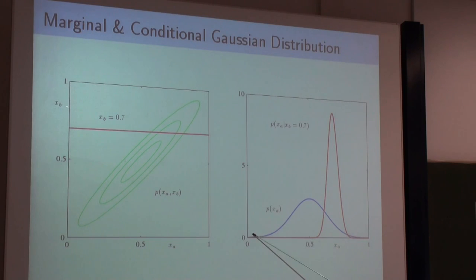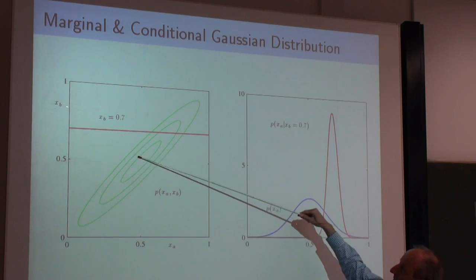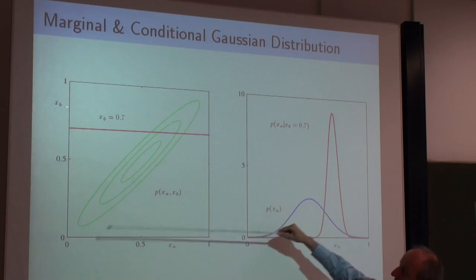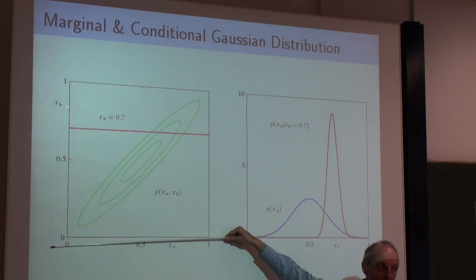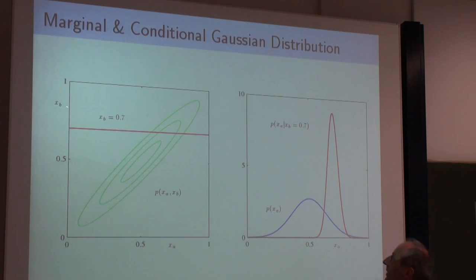P of xa is this blue density function. Why? Look, project this distribution onto this axis, and what will you get? You will get exactly this. Is this clear? So it's just a projection.